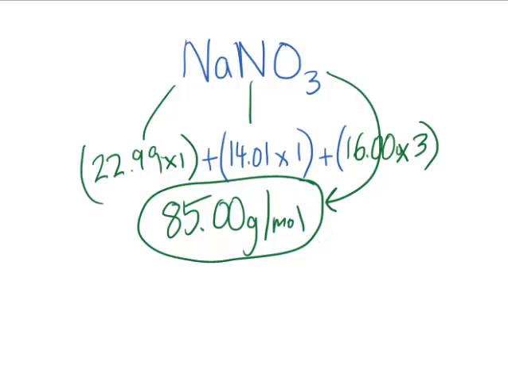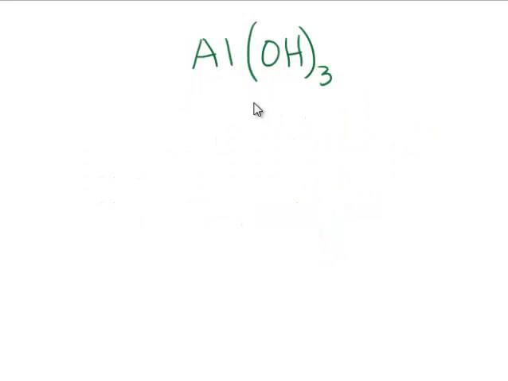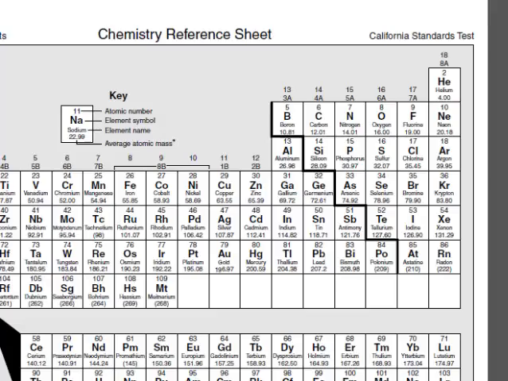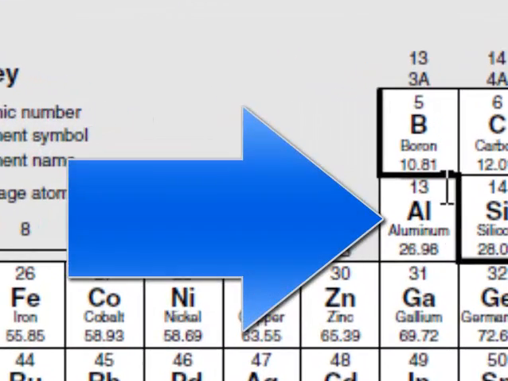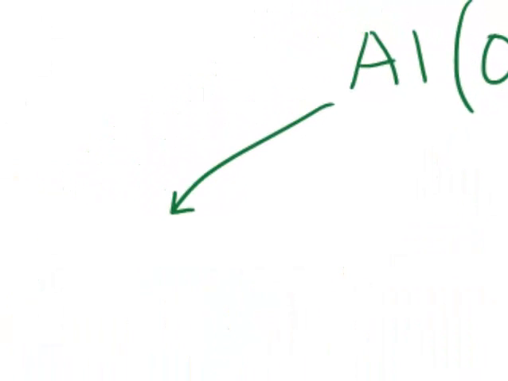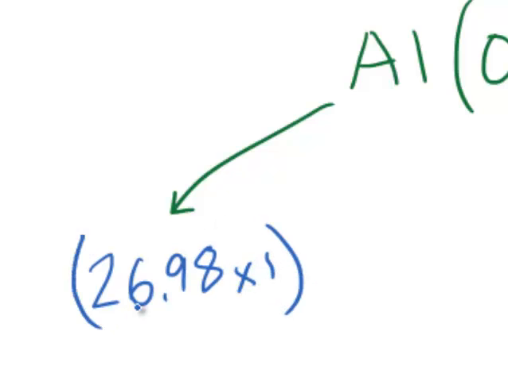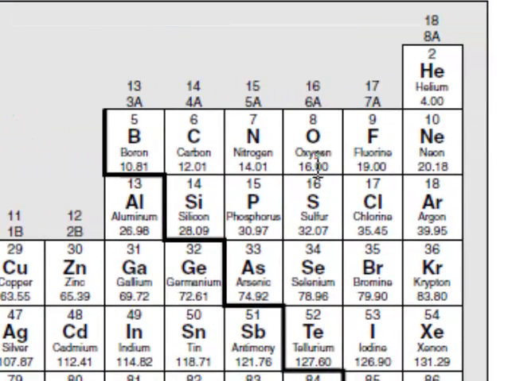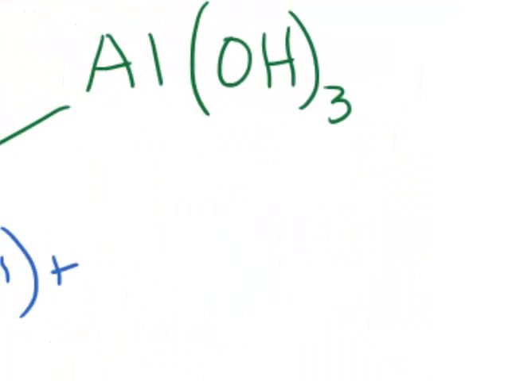In the third example, we're going to do aluminum hydroxide, or Al(OH)3. So again, you look at the first atom there, it's Al, and Al on the periodic table is 26.98 grams per mole. And there's only one of them. And we know that oxygen is 16 grams per mole.